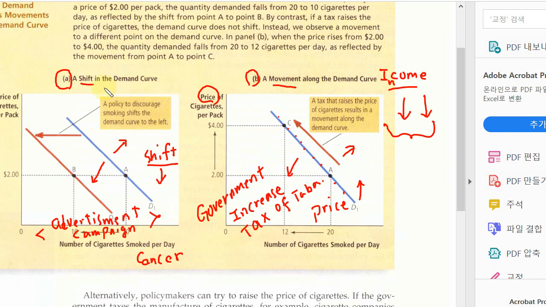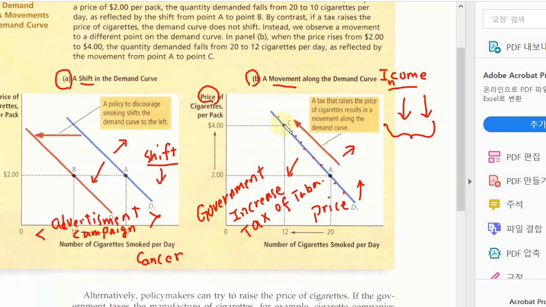The shift itself means that the curve moves entirely down or up. On the contrary, in the movement along the demand curve, the demand curve does not shift downward or upward.